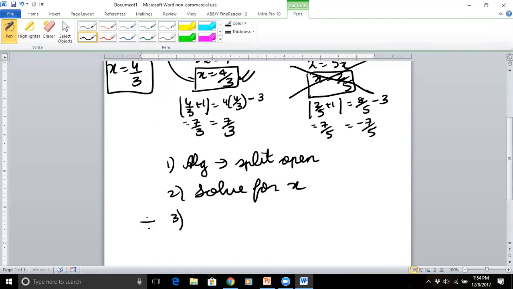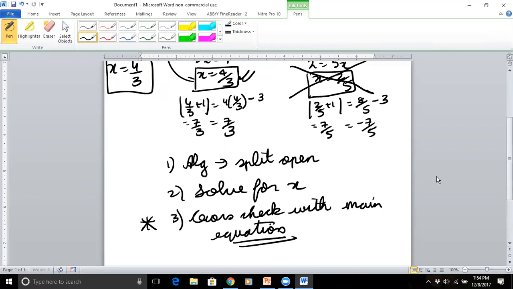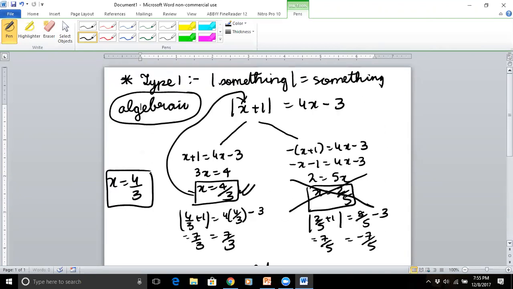And finally, and the most important, make sure you cross-check with the main equation. You have to do that extra step. Not always will you get two solutions to the mod. You might get two solutions, you might get one solution, you might not get any solution also. So it's mandatory that once you solve, you cross-check with the mod. Okay with this, guys?